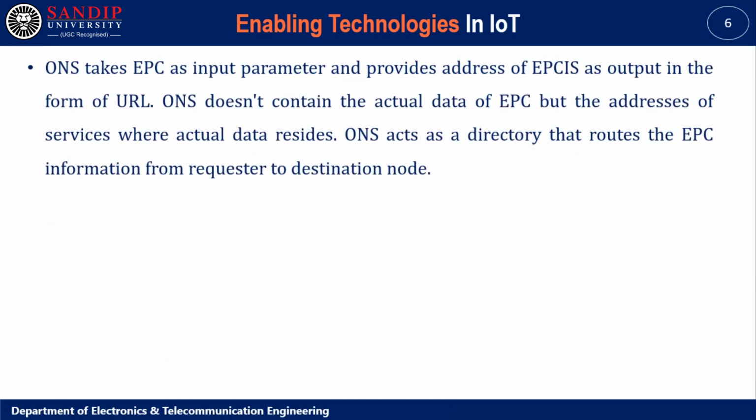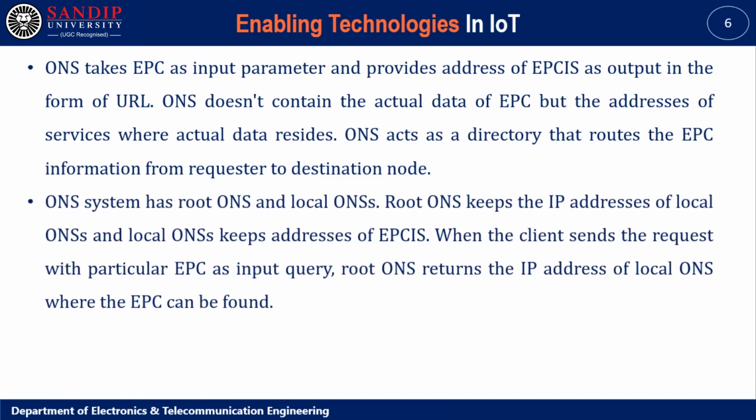ONS takes EPC as an input parameter and provides the address of EPCIS as an output in the form of a URL. ONS doesn't contain the actual data of EPC but the address of the services where the actual data resides. ONS acts as a directory that routes the EPC information from the requester to the destination node.